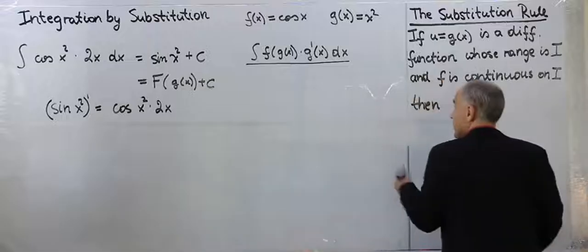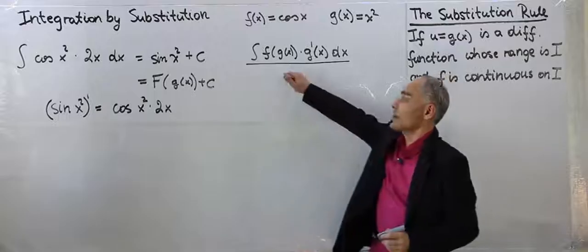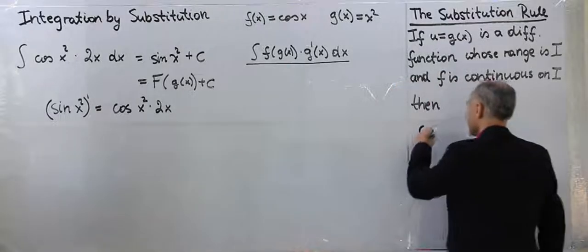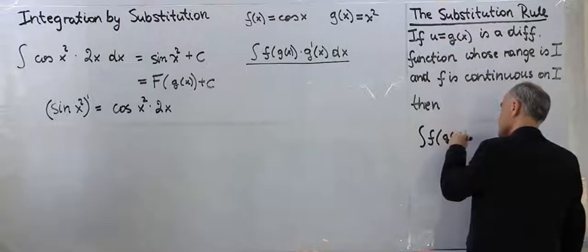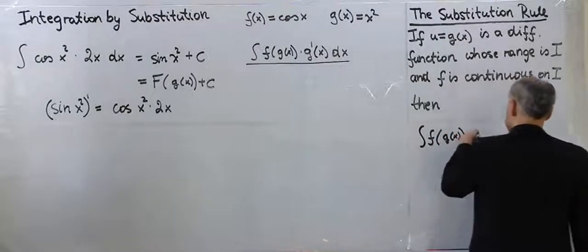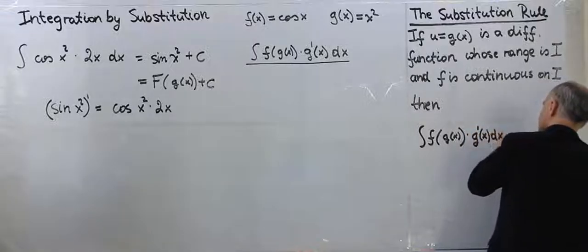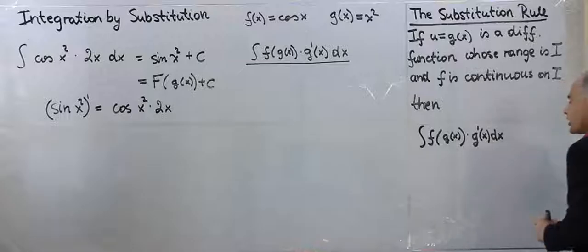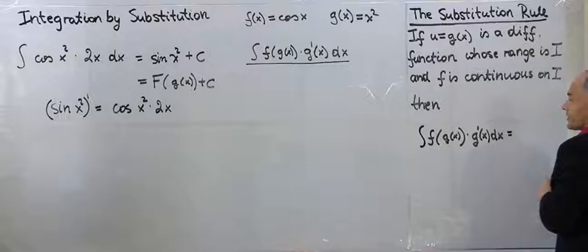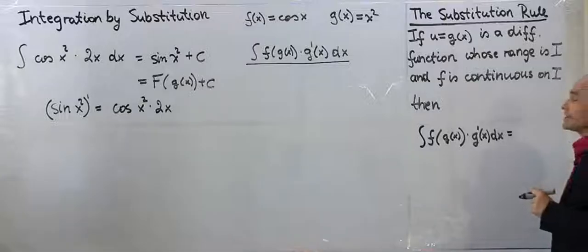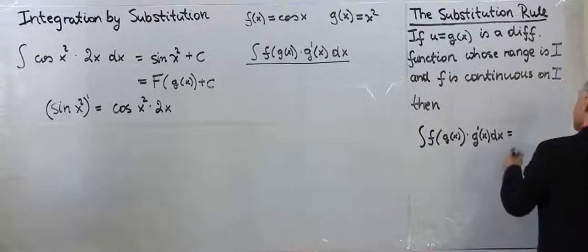And let's assume that the outer function f is continuous on that interval I. Then, whenever we have the integral of the form that we discussed earlier, so f of g of x times g prime of x dx, then we could calculate this integral by calculating the general antiderivative of the function lowercase f.